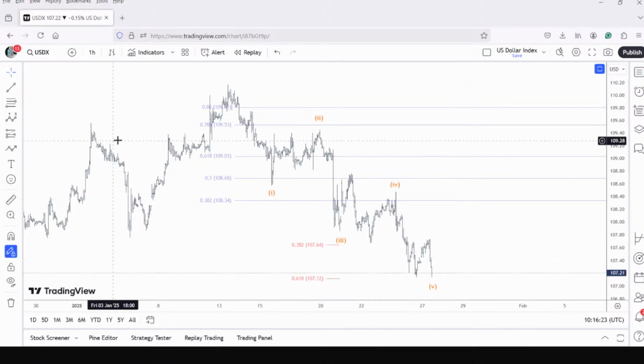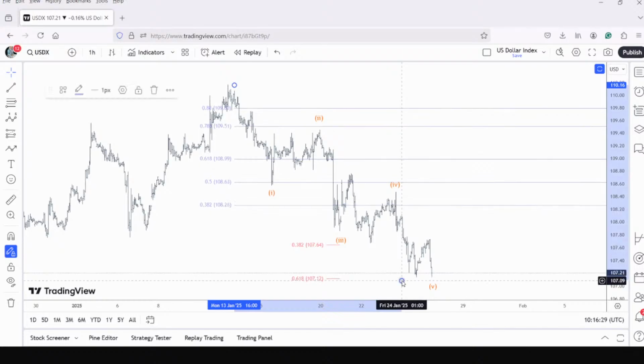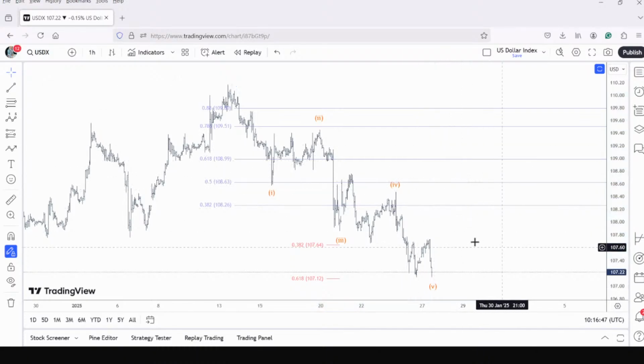And for those who want to enter, it's not going to be too far. The 61.8%, somewhere in this region, 108.60 resistance starts, and it goes through 109 almost. So that could be the re-entry point.